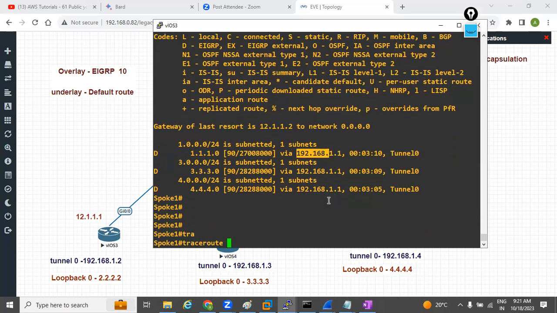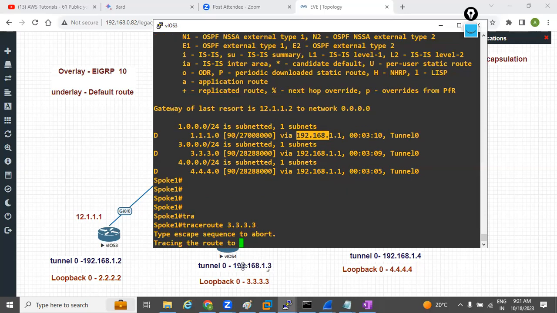Now, traceroute. Traceroute with whom? Traceroute with 2.2.2.2. From spoke 1, I'm trying to traceroute the loopback. This is my first time trying it. Let's see what the output would be.